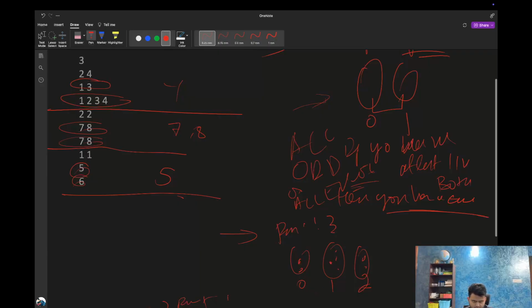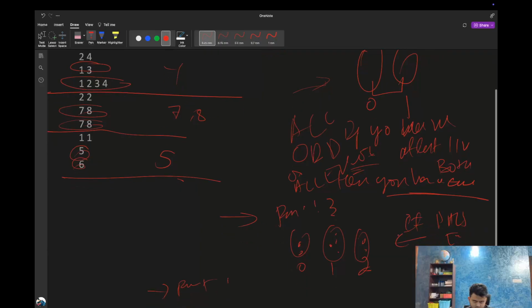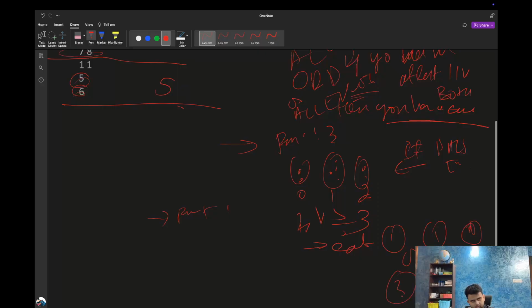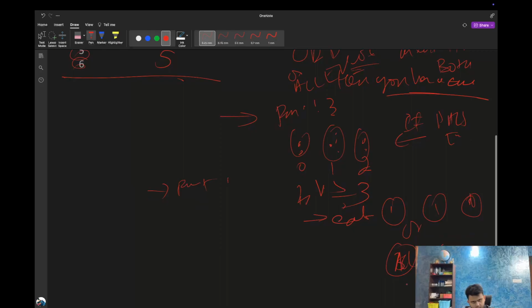And if past this, so the thing is, if n is greater than or equal to 3 and either you have 1 which is 0, 1 which is 1, 1 which is 2, or you have all 0 or one of these permutations.